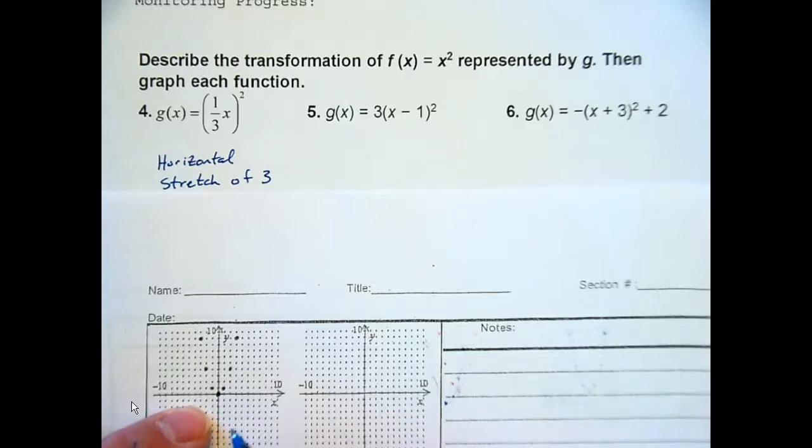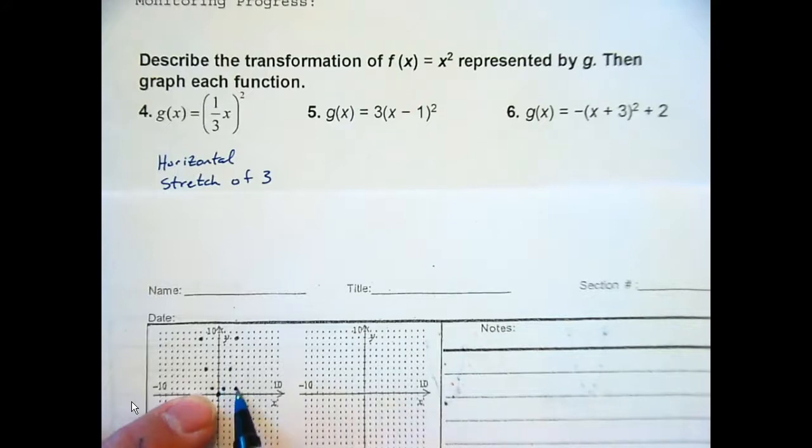It's like moving 0 times 3, which is 0. This one is how far away from y? How far is this point from y? 1. It's 1 unit. So when I stretch it by 3, I have to multiply that by 3, which means it will now be 3 units. 1, 2, 3 away.